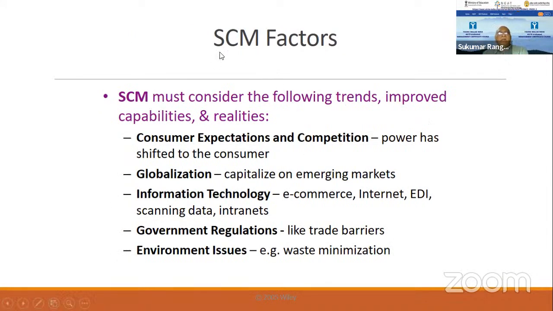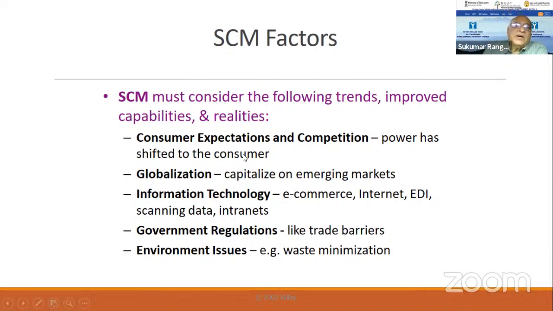The factors in supply chain management: the SCM must consider the following trends. The improved capabilities, as I said, capabilities leading because of the demands of the customers and the realities that things can happen today. So customer expectations and competition is making you deliver faster, cheaper, and better quality.